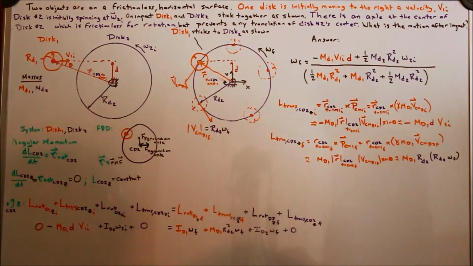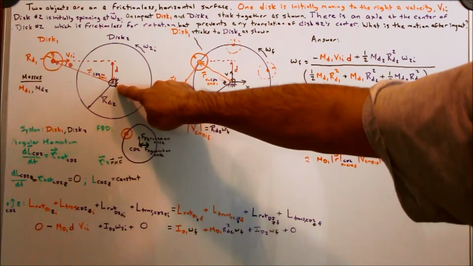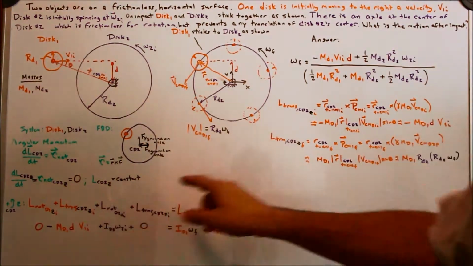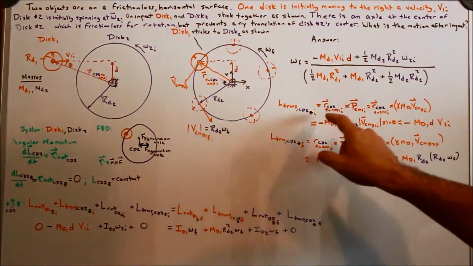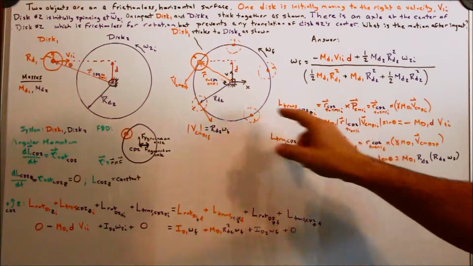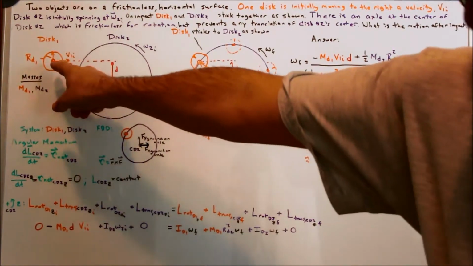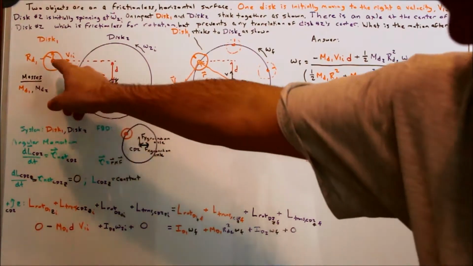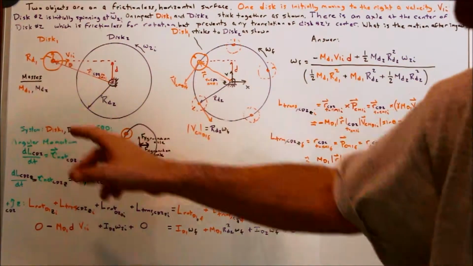Translational angular momentum of disk 1 around the center of disk 2 in the z direction initially. That's r cross p, where r goes from the point we chose to do everything about, the center of disk 2, to the center of mass of disk 1. Disk 1 is considered a particle at its center of mass for translation.